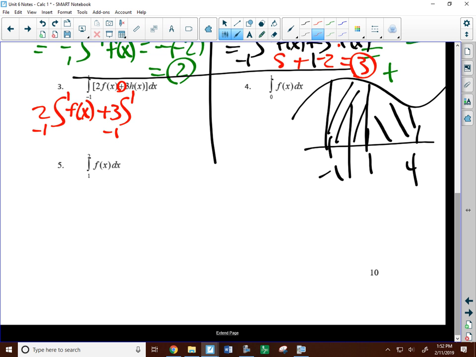Pull the 3 out, -1 to 1 of h of x. Again, you don't have to write that. I'm just showing you, like if it was a quiz, you don't have to write this. -1 to 1 of f, that was the 5, plus 3 times h is 7. So it'll be 10 plus 21, 31.